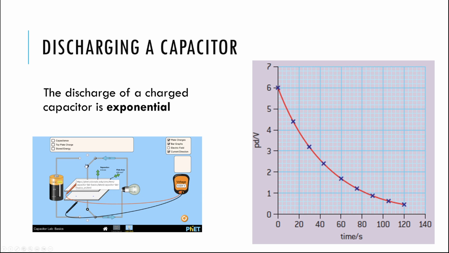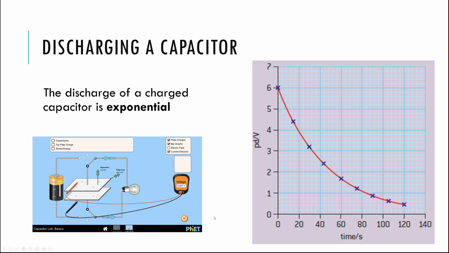So when I hook this up to a discharging circuit, so for example, here's the PhET sim where you can switch it to charging and discharging. When we discharge and the charge flows through this light bulb, the voltage across the light bulb starts off at wherever it was, let's say 6 volts, decreases really quickly, but then tapers off. So as it gets less and less charge, there's less and less electric field.